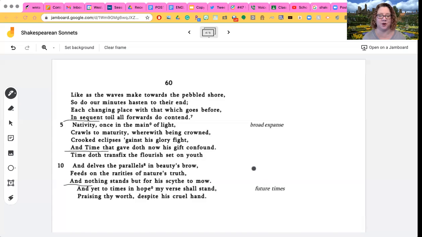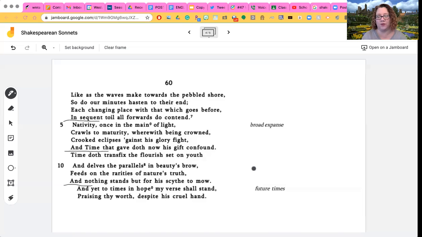And there's even a reference to wrinkles, and delves the parallels in beauty's brow, right? The wrinkles that you get on your forehead or between your eyebrows. I don't know if you can see mine. I have them. I do have them. But so time will etch those into your face and feeds on the rarities of nature's truth.